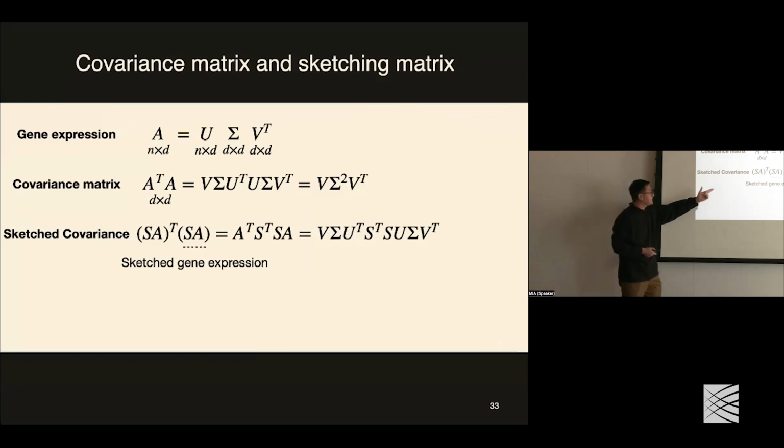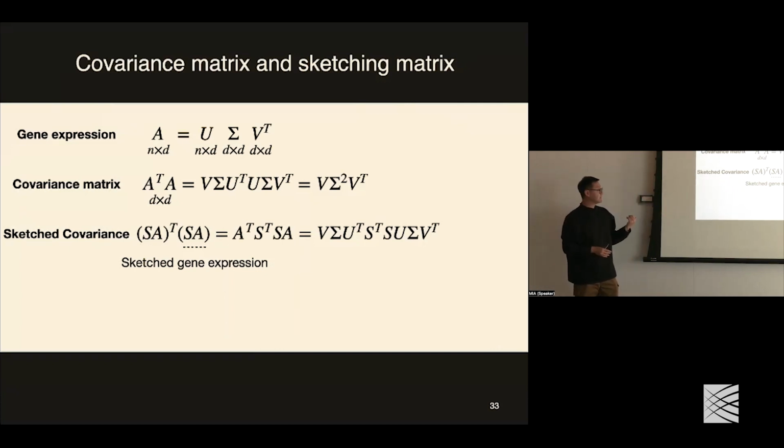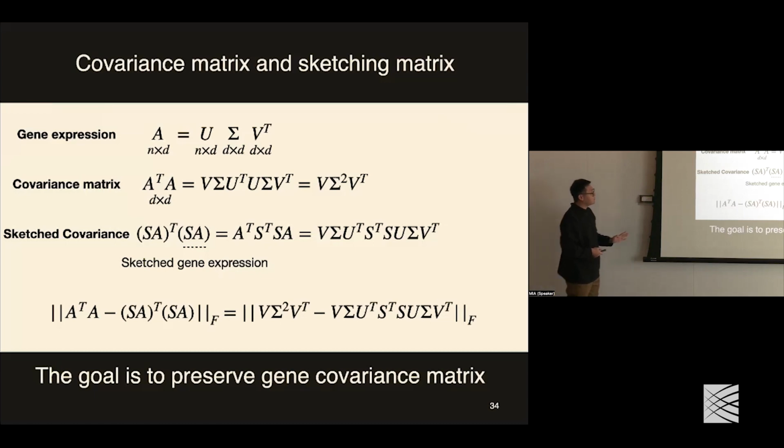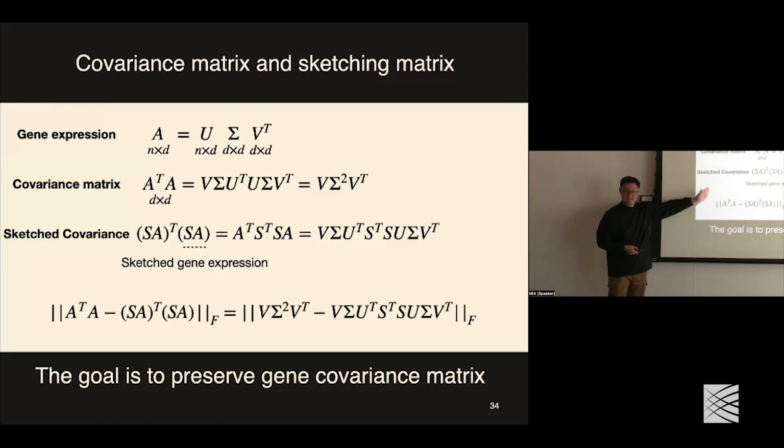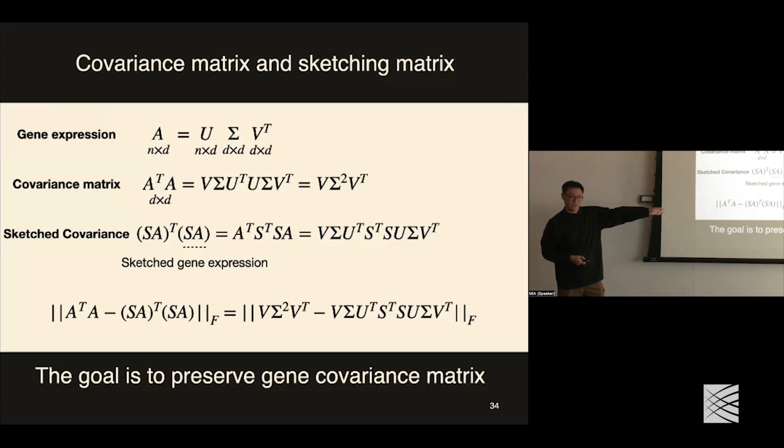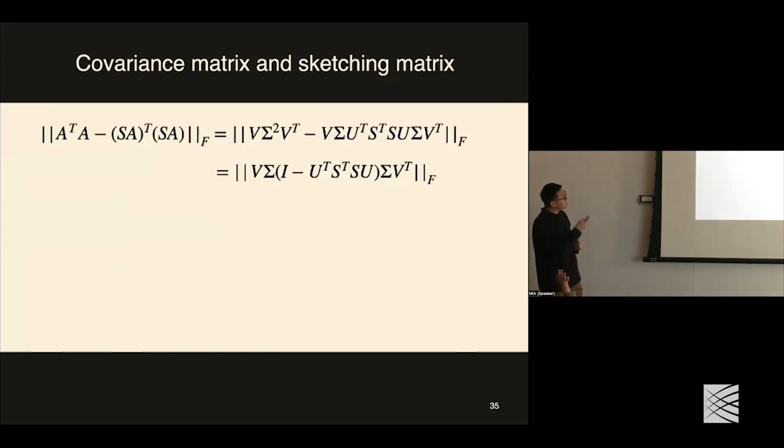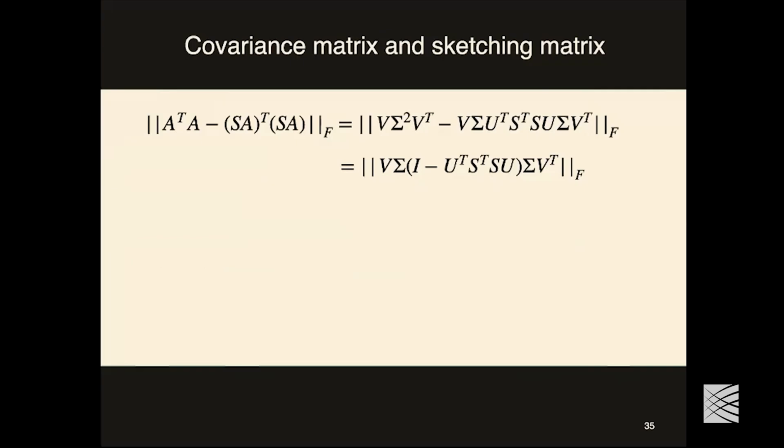S is the sketch matrix, and SA is the sketched version. Then we calculate the covariance for the sketched cells. A little bit complicated. Our goal is to minimize the difference between the covariance of the full data and the sketch data. We plug in the SVD forms to get the result, and we notice that only S appears here.